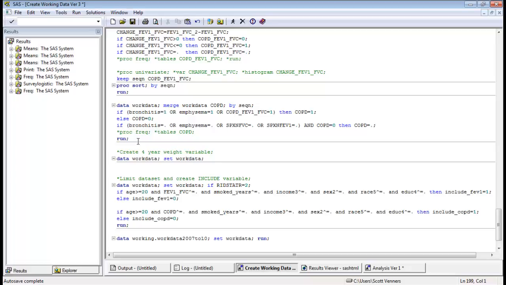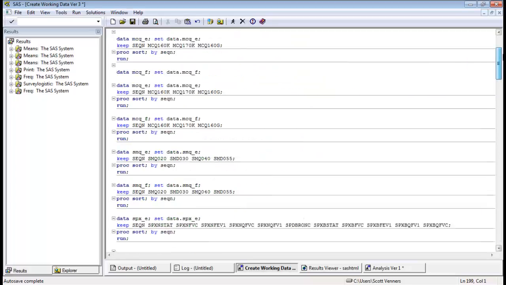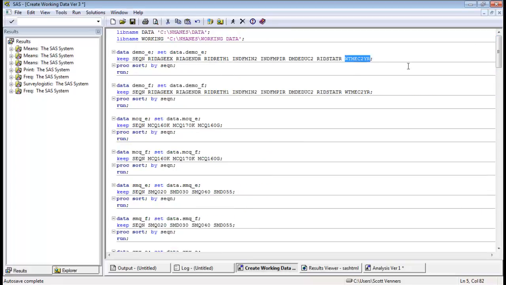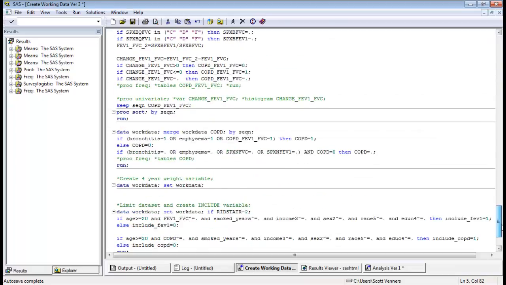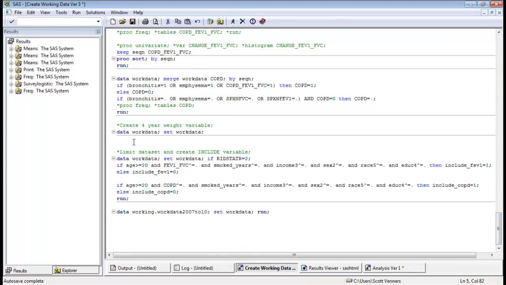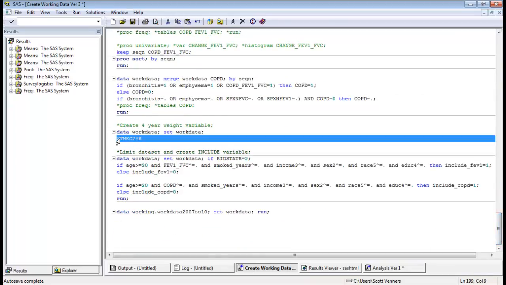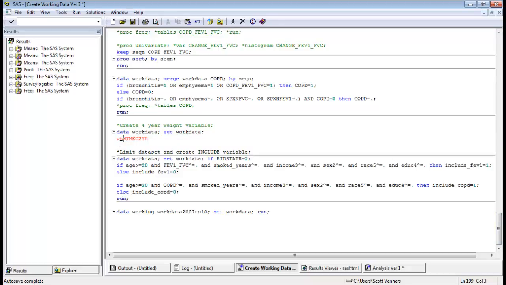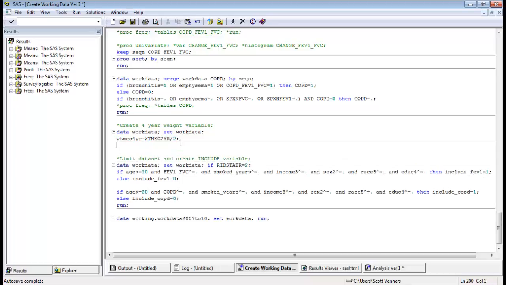So, let's see, what's the variable name? Let me copy and paste it from here. I'm going to call this weight MEC 4-year equals the weight MEC 2-year divided by 2. So that's all we have to do there.